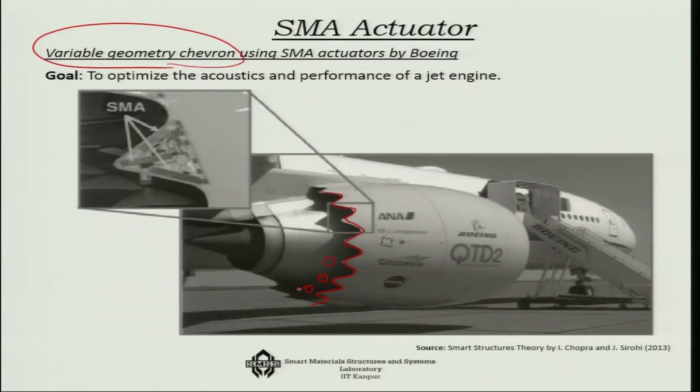Now as you are heating up, this shape will go back to a flat shape, which will increase the efficiency of the system. So thus you can play between the two shapes and keep the aircraft really very less noisy.